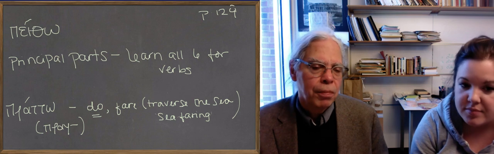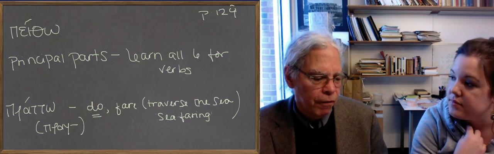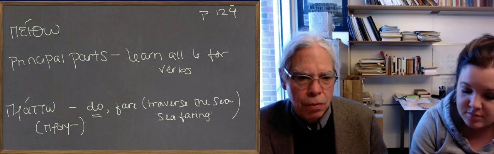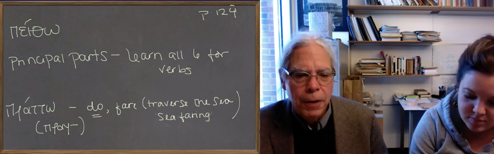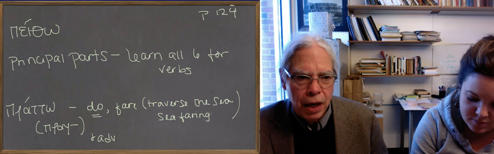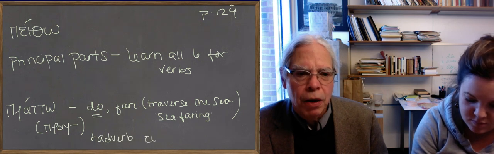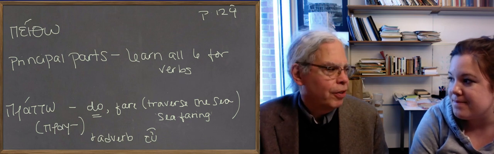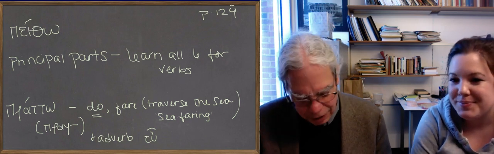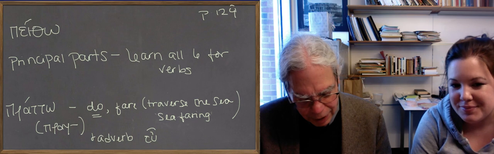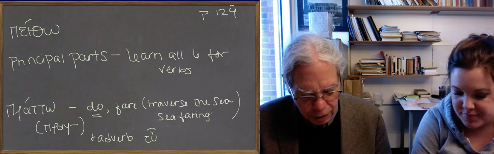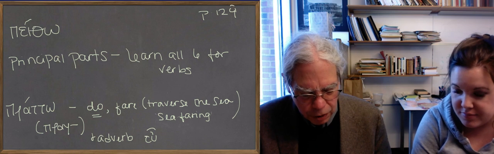The reason that people want you to learn the meaning fare is that if you use it with an adverb like eu, with the circumflex over the u, which means well, you can say eu prattō, means I'm doing well, I'm faring well, okay? I'm still not convinced that that's a thing that you actually say, but that's the excuse. All right, so the principal parts are based on the gamma ending of the root, and prattō is weird.